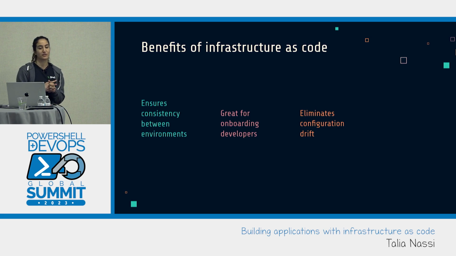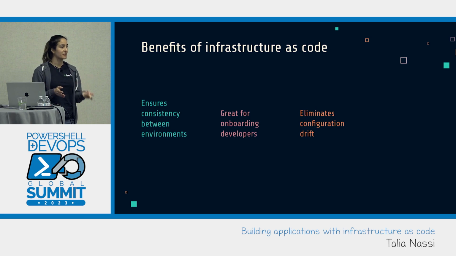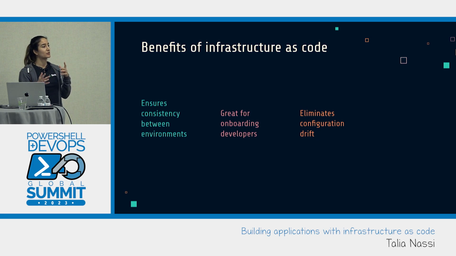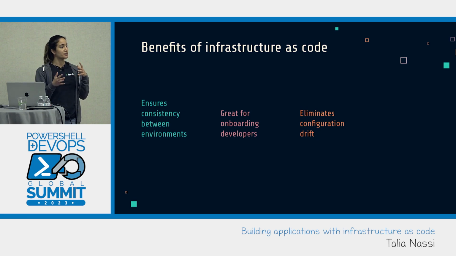Another benefit of infrastructure as code is that it eliminates configuration drift. Configuration drift happens when changes are made during incident management. A lot of times you have differences between your staging environments, your pre-prod environments, and production.